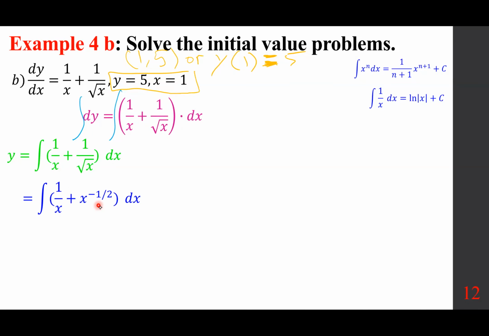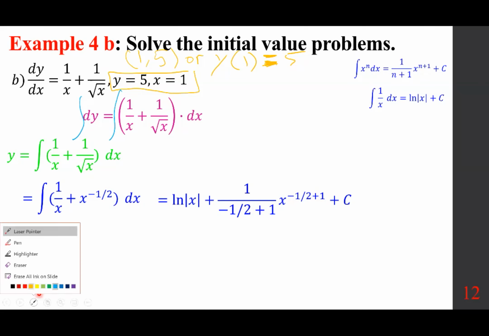What happens to this one is 1 over negative 1/2 plus 1, x to the power of negative 1/2 plus 1, and a constant. Now what is negative 1/2 plus 1? It is positive 1/2.